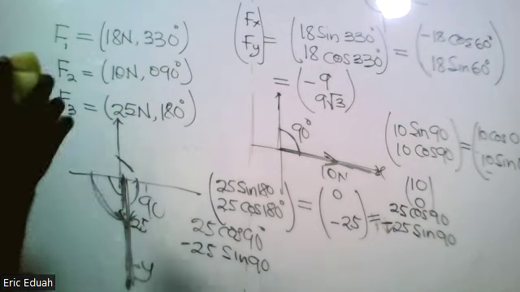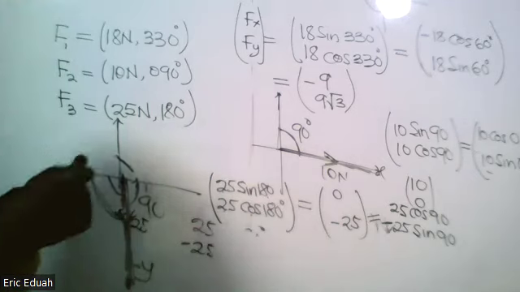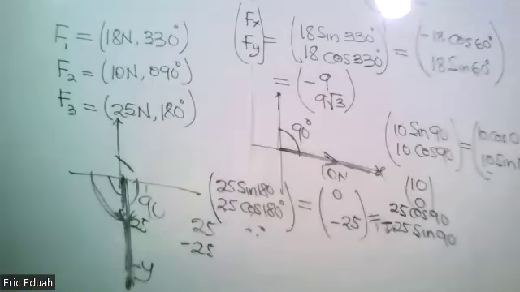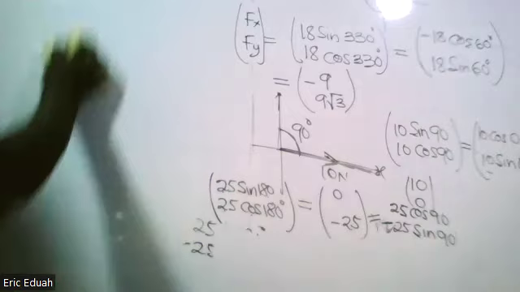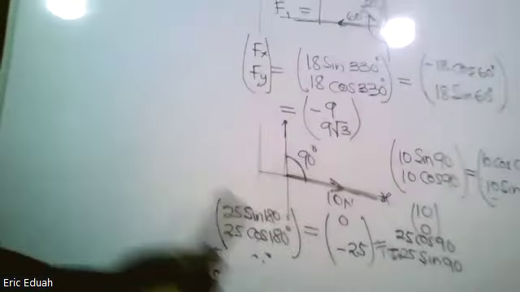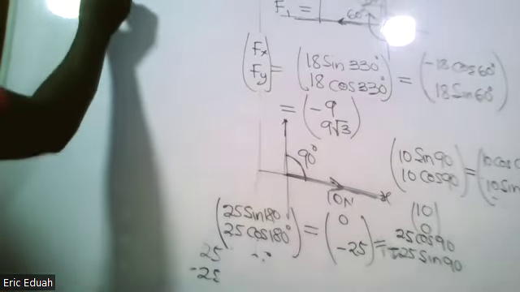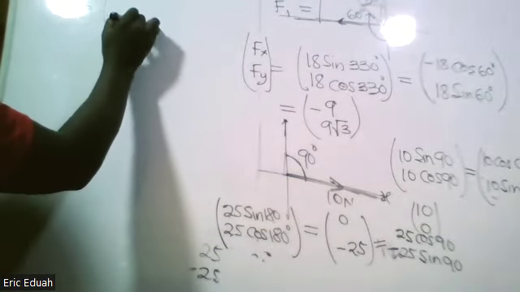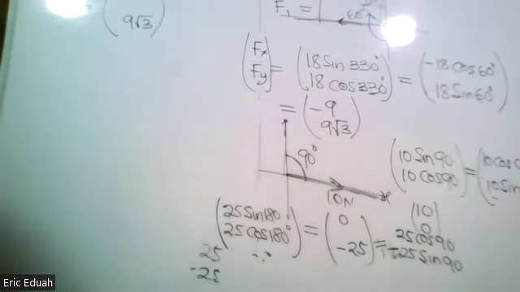All right. So we have resolved each force into components. Okay. So let's clean it and then write it for the various x and y components of each force. So F1 we have -9, 9√3. Of course, we can also write this as decimals.